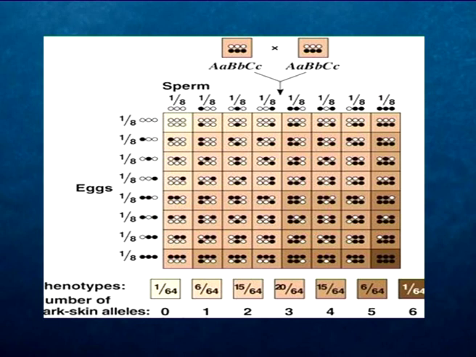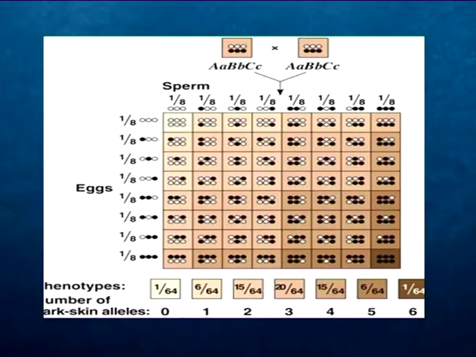Polygenic inheritance illustrated by the inheritance of human skin color, we have a marriage between 2 heterozygous individuals. Each one has 3 dominant alleles, capital A, capital B, capital C, and recessive alleles also small a, small b, small c. So each parent produces 8 kinds of gametes.